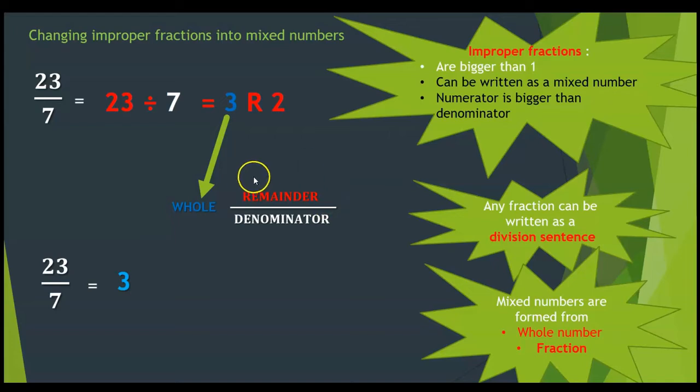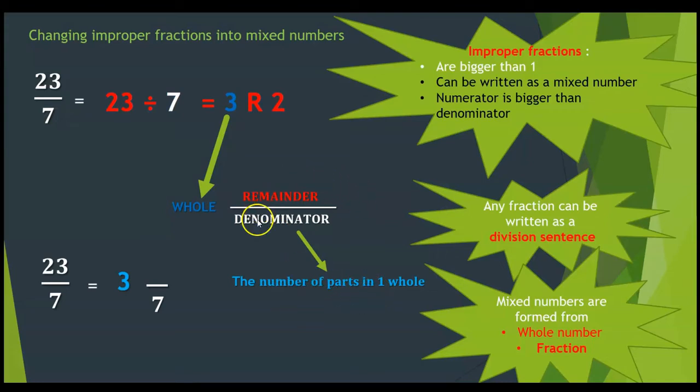Then now I need to write the fraction part. We said before, the denominator is the total number of parts in the one whole, which is the same denominator, number 7. Do you remember again? The number in the denominator, or the number down, or the number at the bottom, represents the number of parts in one whole.